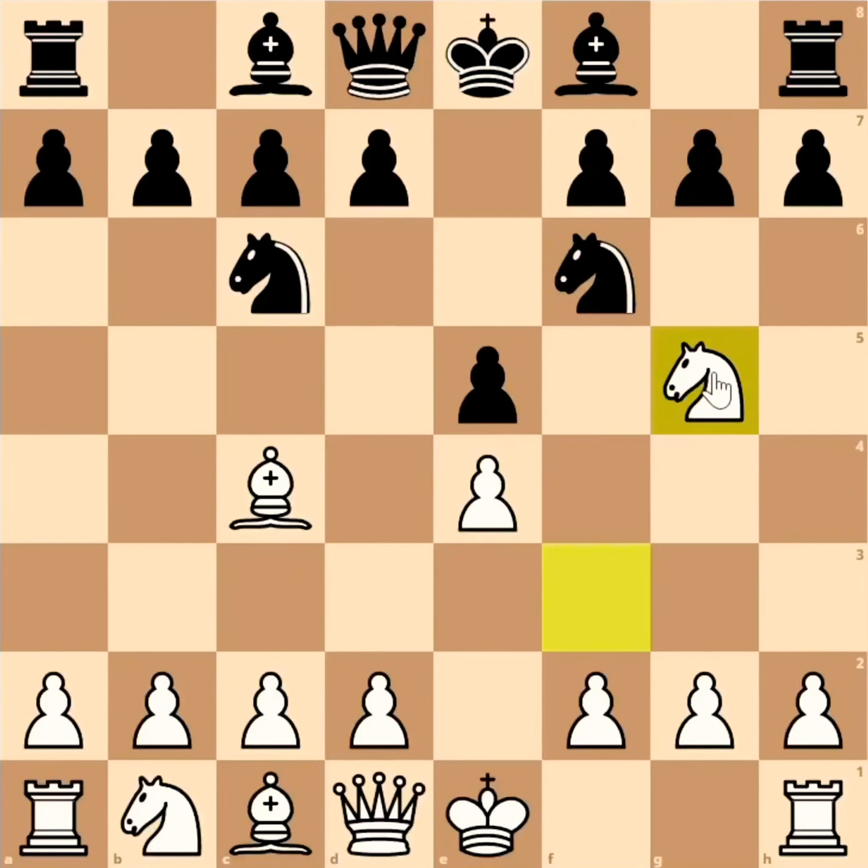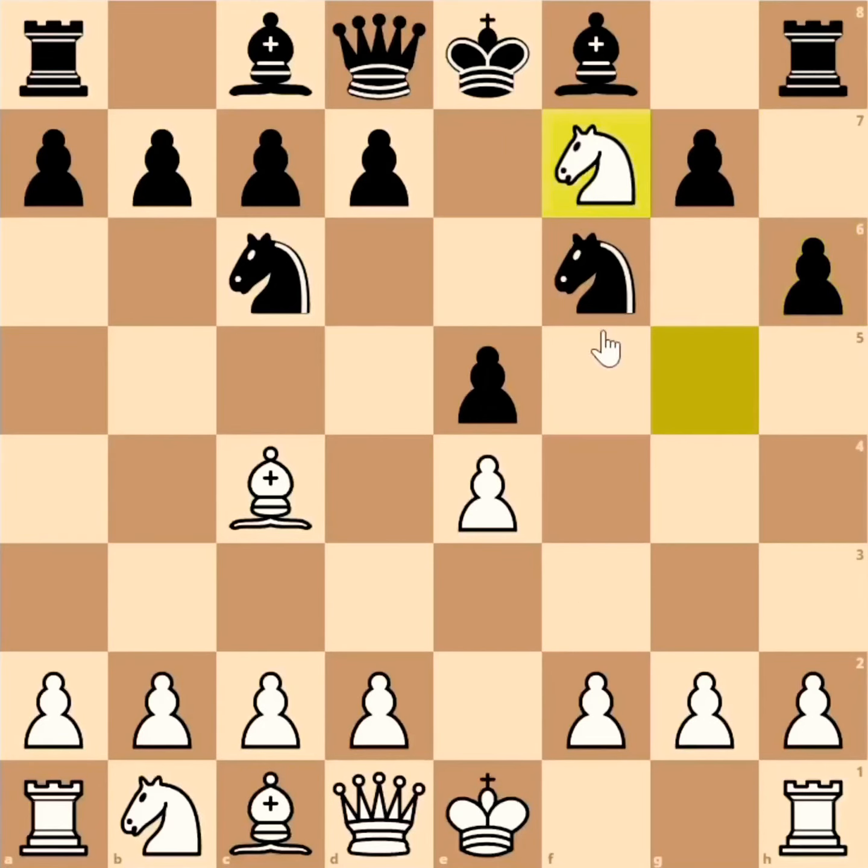So the reason that white did this move right here is to try and fork the queen and the rook. So if black does not see this and tries to fend off this knight right here, then bam, this position is a fork. It's attacking both the queen and the rook at the same time, which means that black cannot defend both of them or move them both at the same time, which wins white one of them.